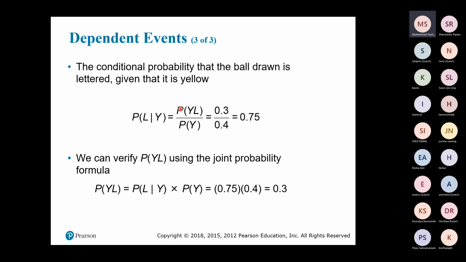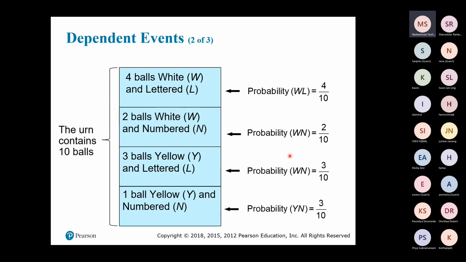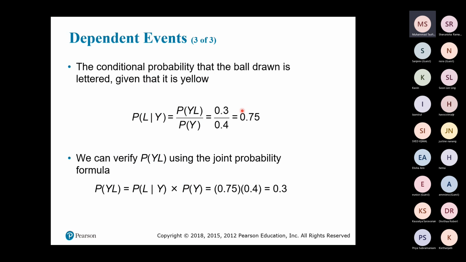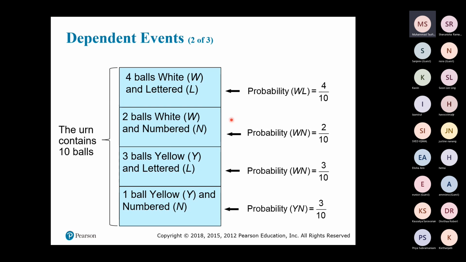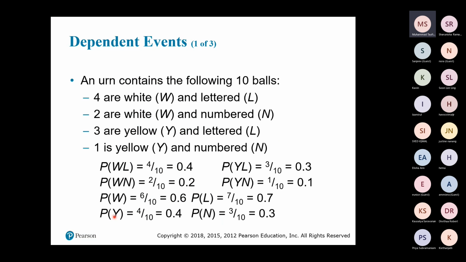What is the probability of getting a yellow and lettered ball? Here we have 3 yellow and lettered balls, so 3 out of 10, or 0.3. The probability of a yellow ball is 4 out of 10, or 0.4.